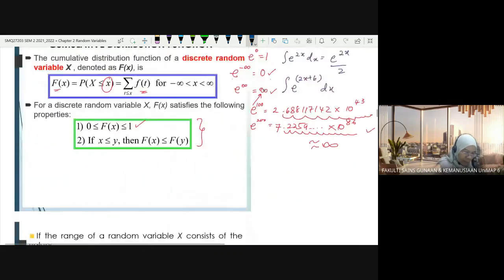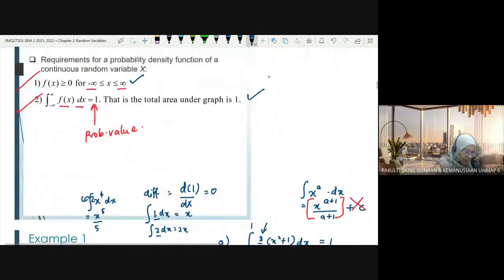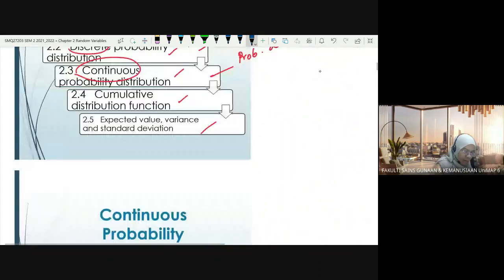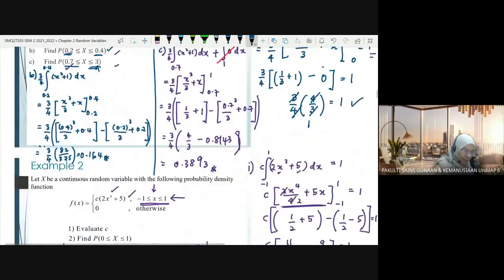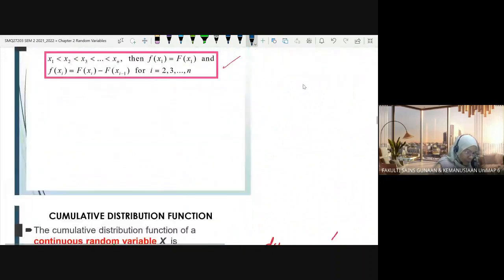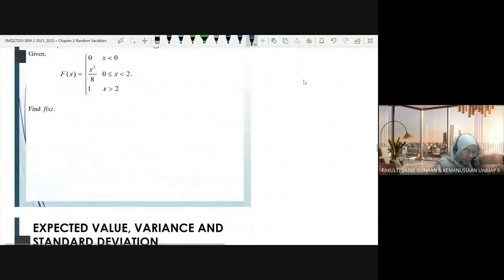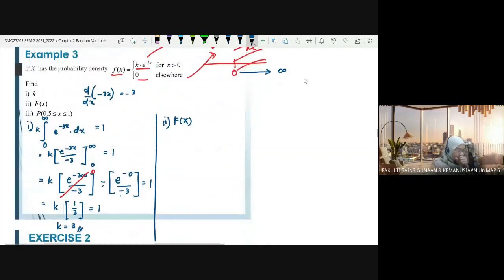Just now we began with f(x), okay? Then we found the probability, proving that it is a given probability density function. Now we're trying to find the distribution function for this particular value. So how do we find this?